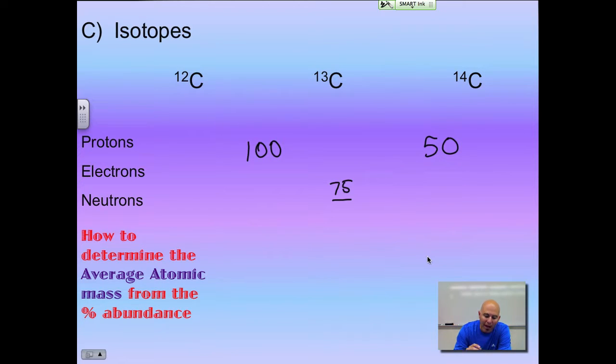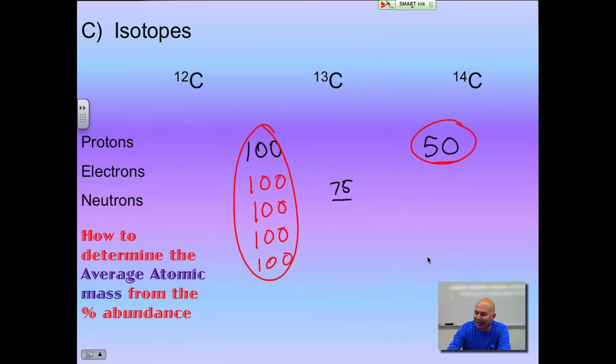But what happens if you have 5 100s and 150? You've still got the same exact numbers, but your average certainly would not be a 75. You're going to be a lot closer to that 100 because you have more of them.